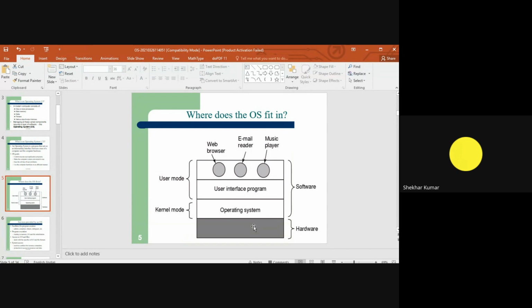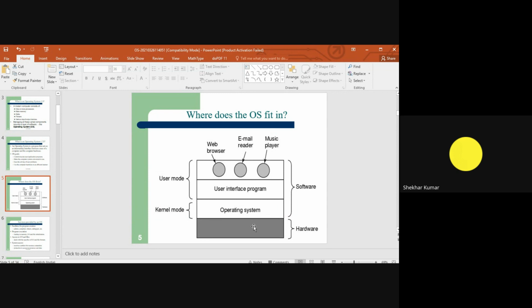Every user prepares his or her jobs on an offline device. For example, in the punch card, if you have similar types of tasks, you store them in a punch card. After that, you submit this punch card to the computer operator. So there is a requirement of one more operator.